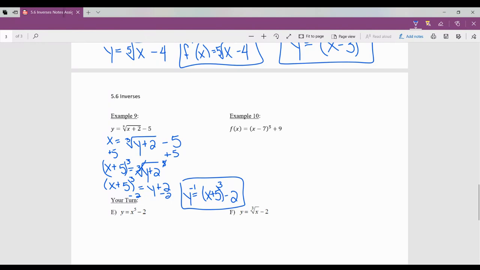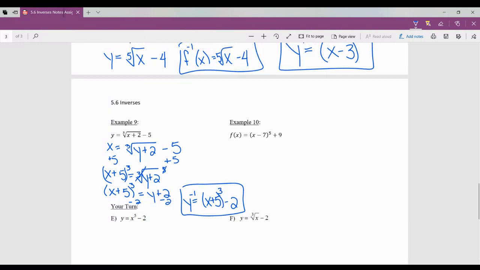All right, now we're on to the last one. So we switch x and y. X equals y minus 7 to the fifth plus 9. Okay, so I'm going to get rid of that plus 9 on the outside first by minusing 9. So I get x minus 9 equals y minus 7 to the fifth.